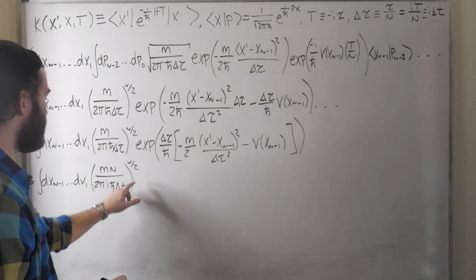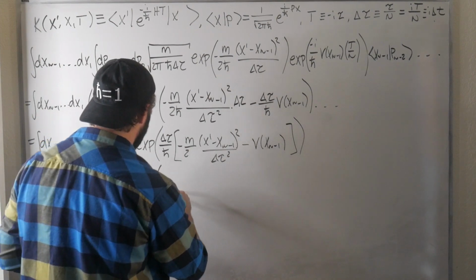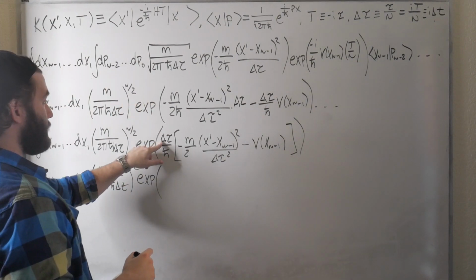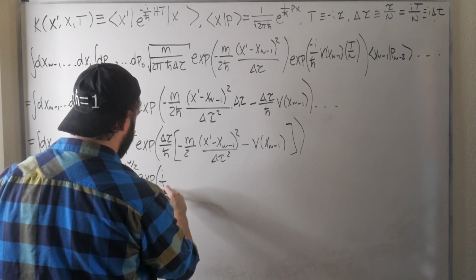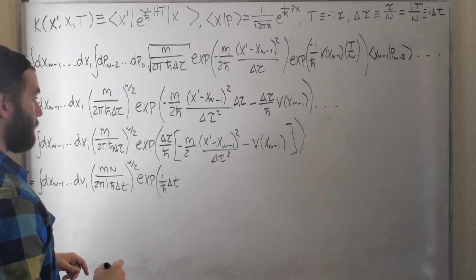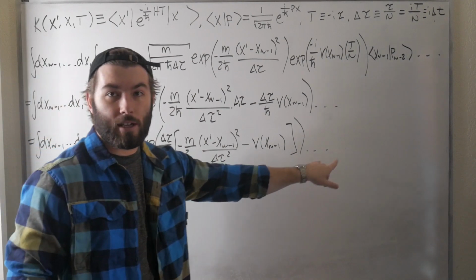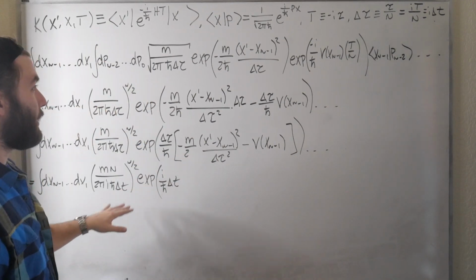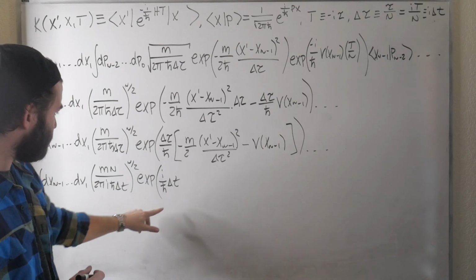So we have explicit n dependence here, times the exponential of, now we have a delta tau, which is an i times delta t, i over h bar delta t. And you should have all these dot dot dots, because these are being multiplied by the shifted guys as well. Sorry if this is all over the place, it's hard to do this on just one whiteboard.